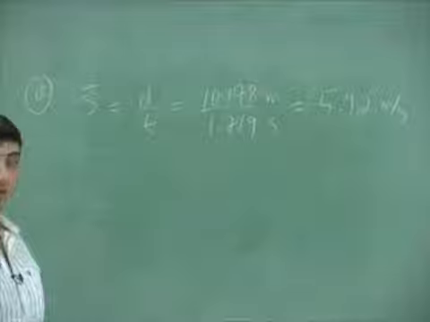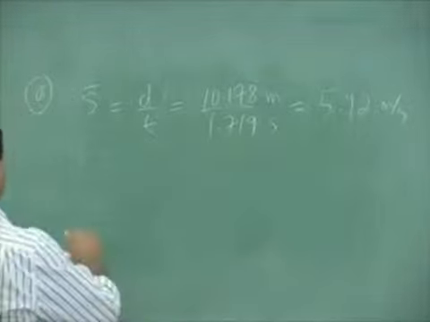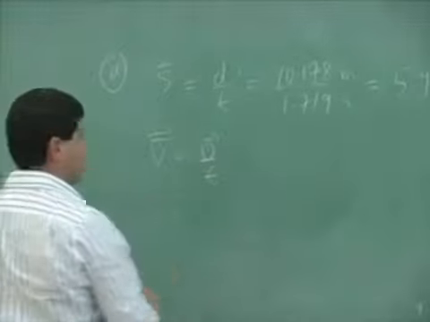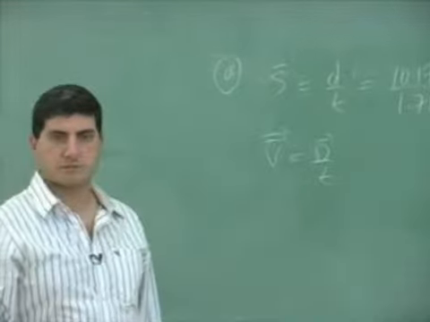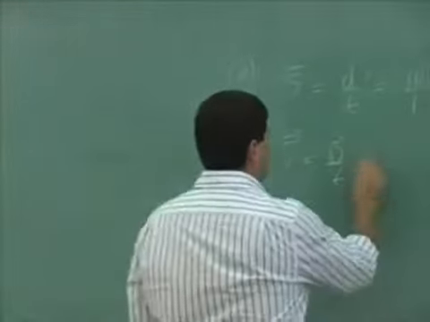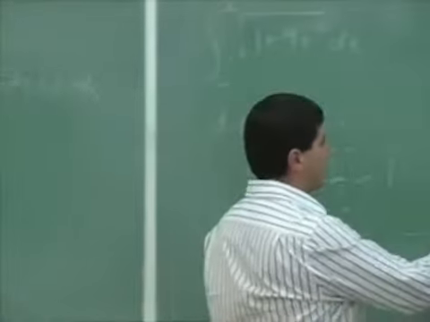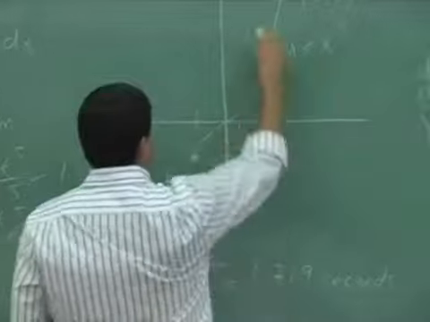Now the average velocity, right, is the displacement divided by time. Okay? The displacement, remember, is a vector that points from where you started to where you ended.